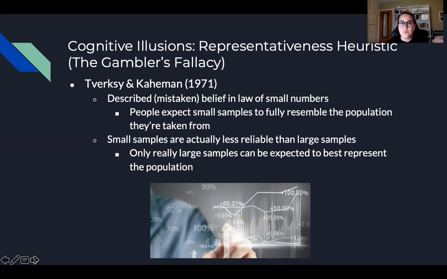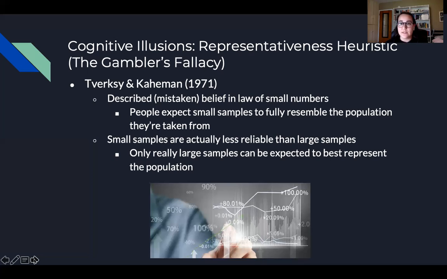And so in actuality, really small samples are much more likely to deviate from the actual population that they're drawn from, and therefore are less reliable for us to build conclusions off of.